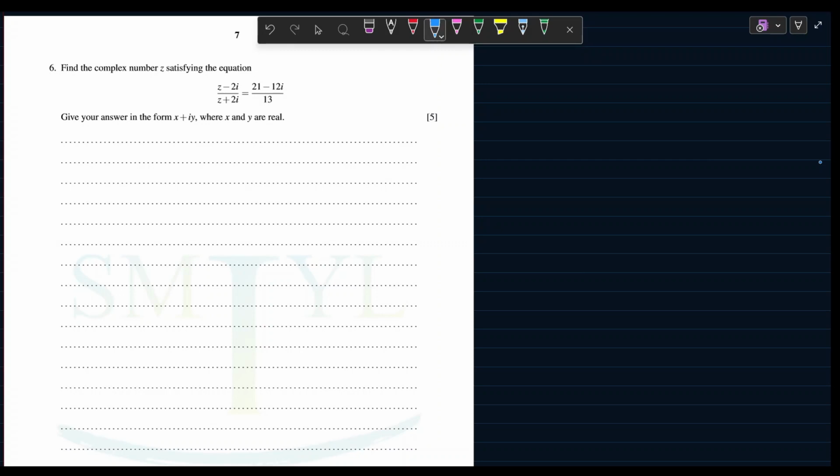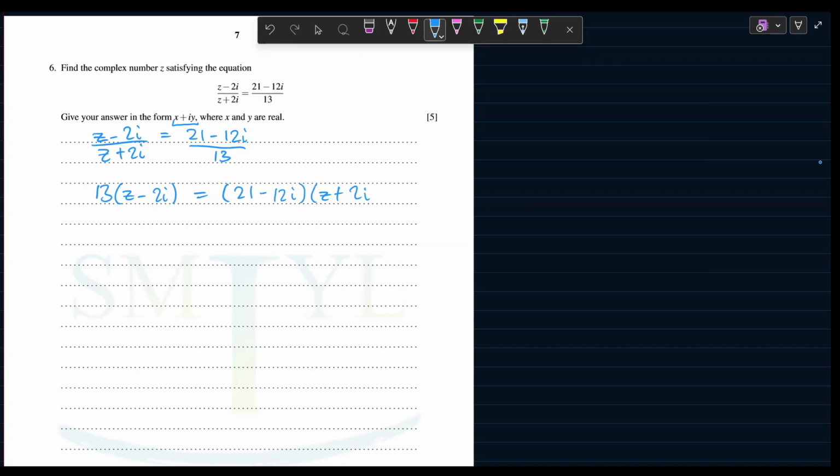Alright, so we've got z minus 2i over z plus 2i, and this is equal to 21 minus 12i over 13. Right, for starters, let's cross multiply. So we've got 13 times z minus 2i should be equal to 21 minus 12i multiplied by z plus 2i.